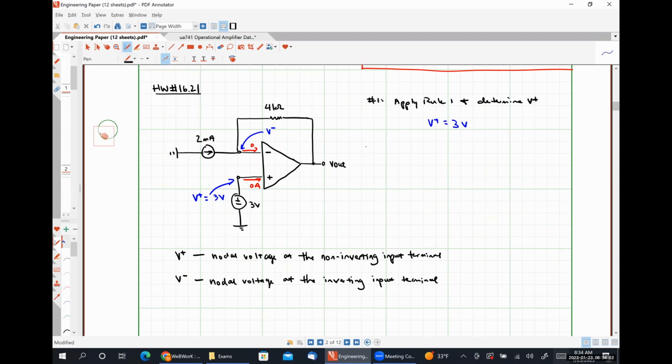Step number 2 is to apply rule 2 and write a KCL equation at our inverting input node.